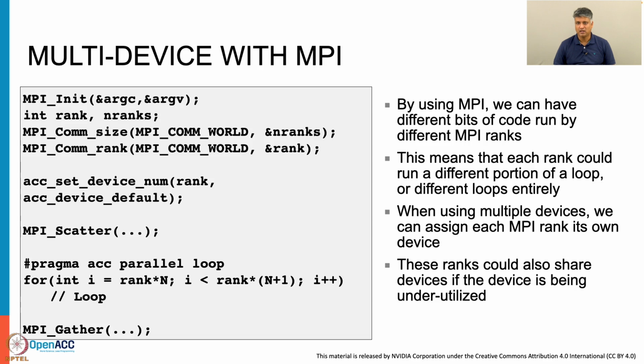What it essentially means is that each rank will now run on a different portion of the loop or different loops entirely. When using multiple devices, we can assign each MPI rank its own device. These ranks could also share devices if the device is being underutilized.